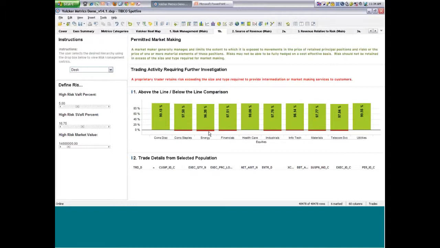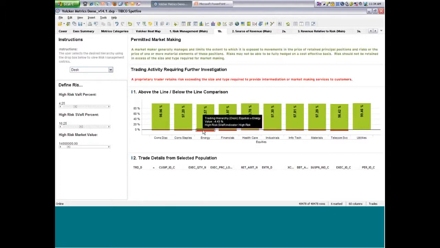What is an acceptable amount of high-risk stress VAR? And what is an acceptable market value? Can we start to think about those levels? And then as we change them, what is that going to drive from a compliance and investigation perspective? And where as an organization do we start to feel comfortable?